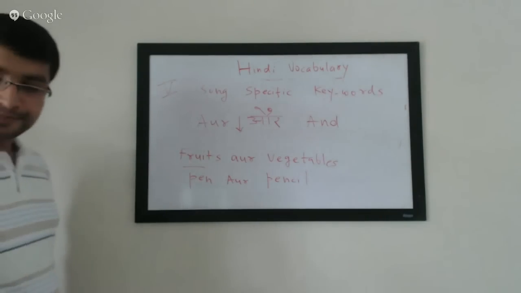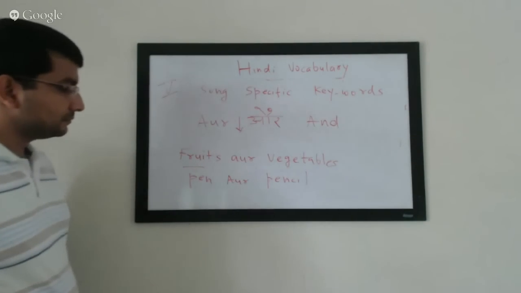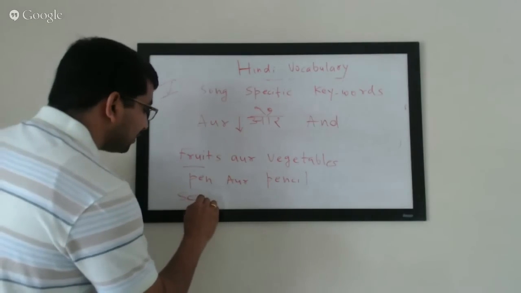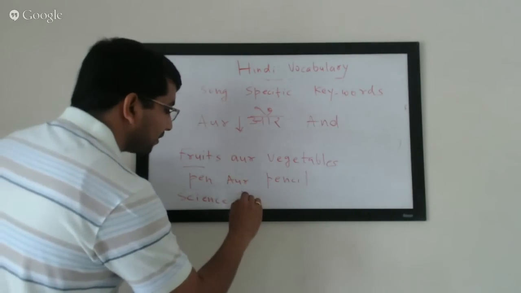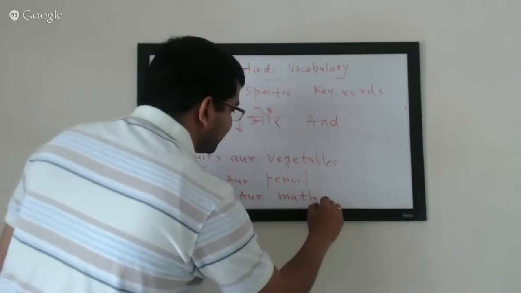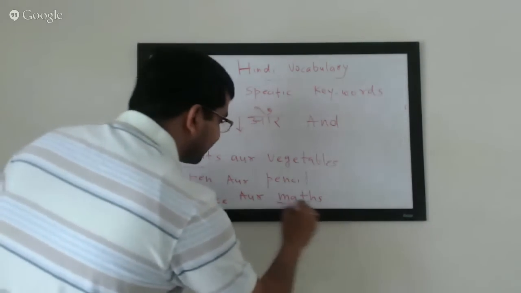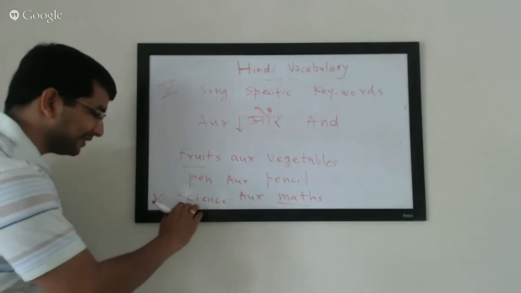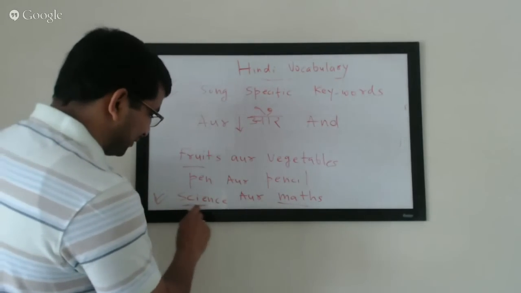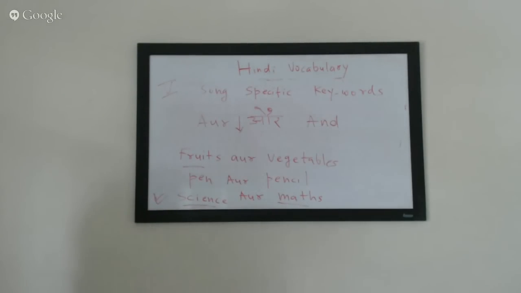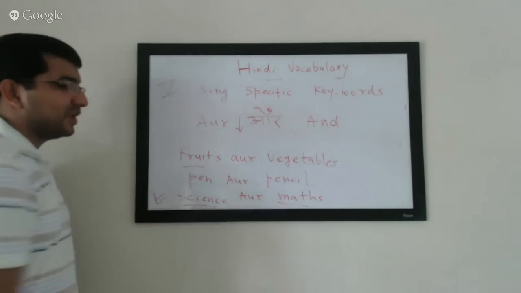Science and maths, right? So you can say science or maths. And if you know the Hindi word for each of them, even better. And I showed you that in the upcoming classes, I'll pick up a Hindi song which has a specific usage of science and math, so that way I'll teach you the Hindi word for all these streams as well.